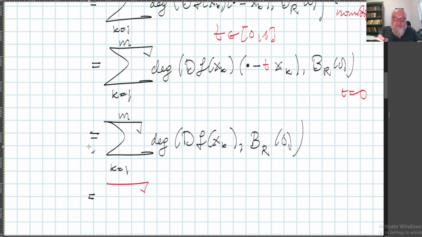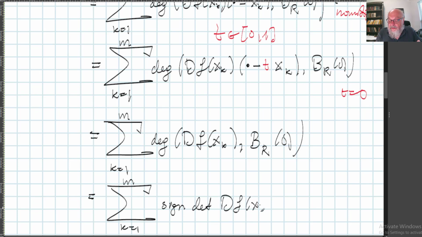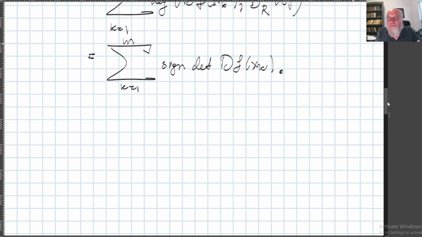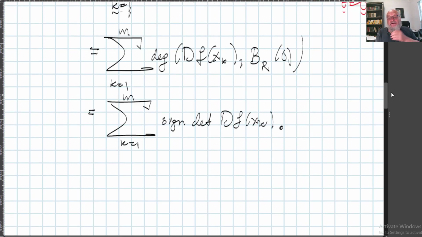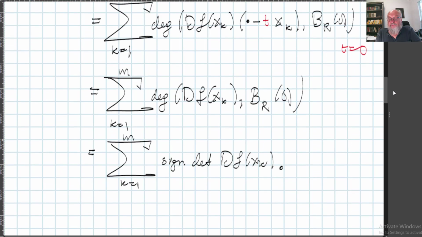And this will be sigma k is equal 1 to n, and this will be signum determinant, and this is df of xk, and we proved this result. The result is proved.